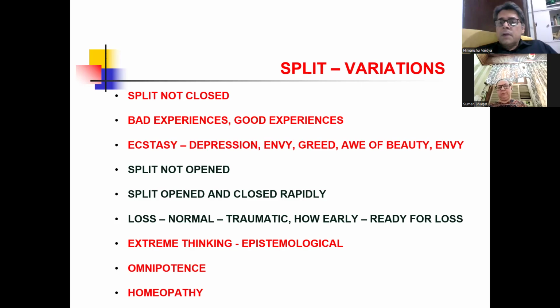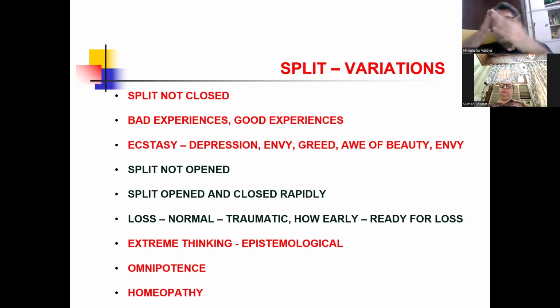It leads to what is called perplexity. Slightly different from confusion. In confusion, one cannot make out whether something is good or bad because the split has never opened completely. In perplexity, one is not able to make a judgment whether something is good or bad. The same thing looks good and alternatively good looks bad. And this flip-flops very soon.